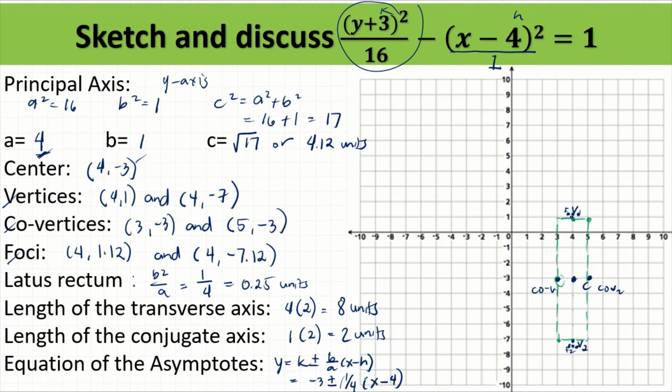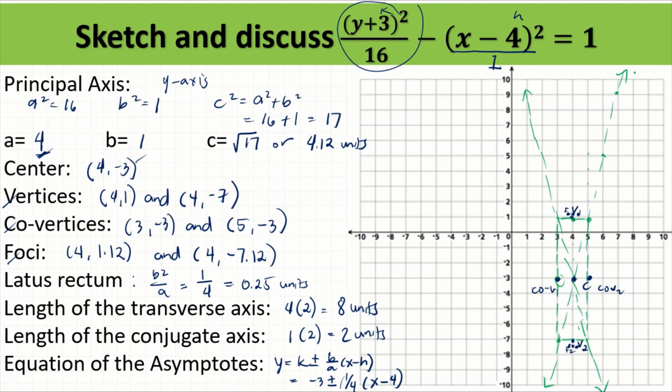So, gagamitin yung slope 1/4 from the center. 1, 2, 3, 4, 1. 1, 2, 3, 4, then 1. Kasi 1/4 tayo. Okay, then ganun din sa pababa. Okay, so kapag meron tayong ganyan, i-connect lang natin yung ating mga points na dadaan sa vertices ng rectangle at ng ating center. So, ganun din sa kabila. Yan. Okay, so gagawa tayo ng lines dyan.